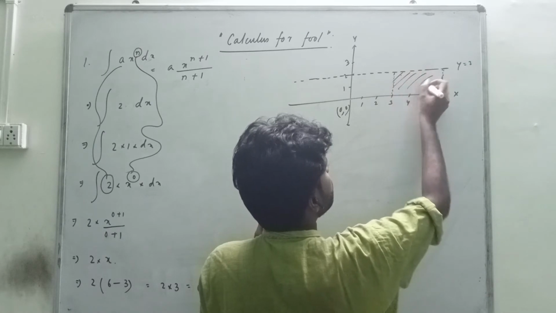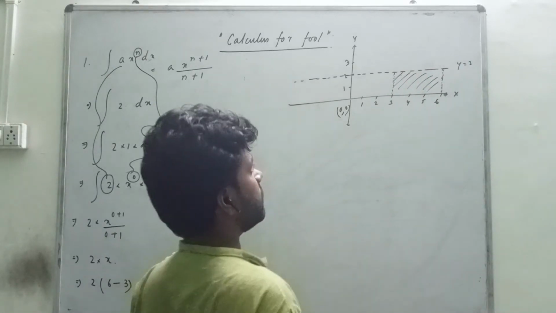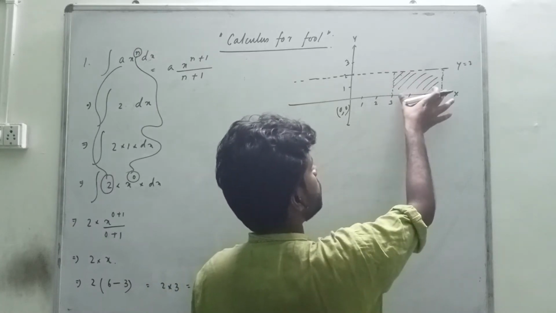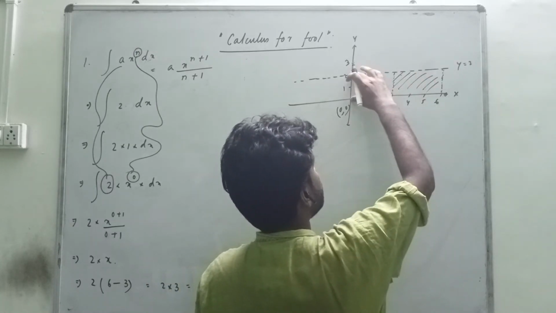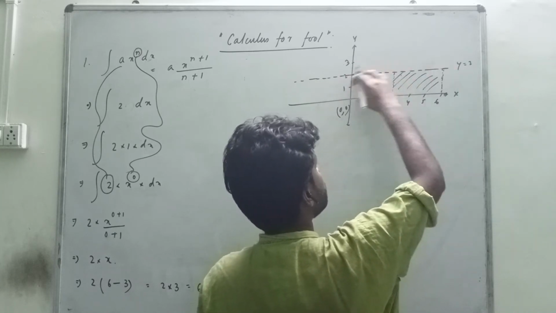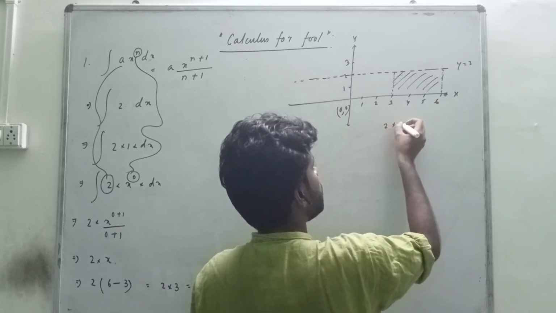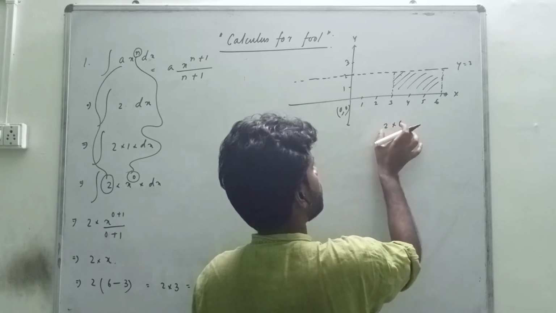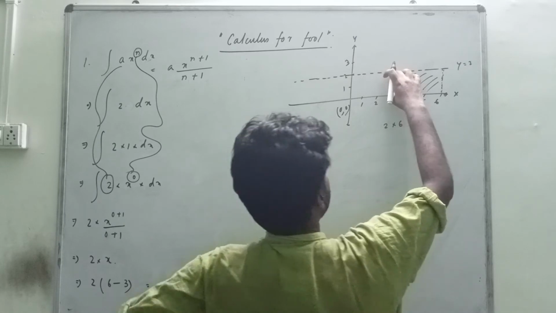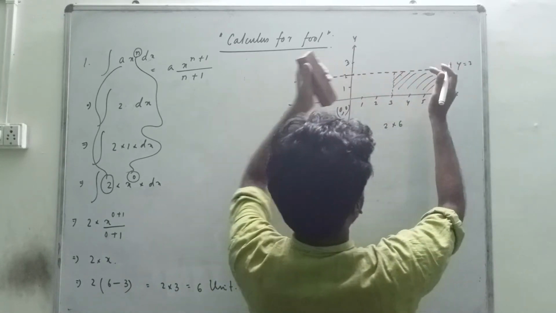One way to proceed is to take the full rectangle, that means 2 into 6, and from it subtract the smaller area.